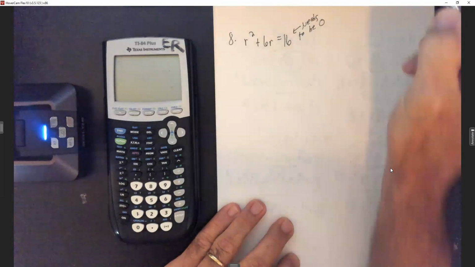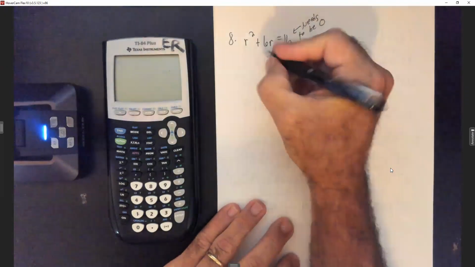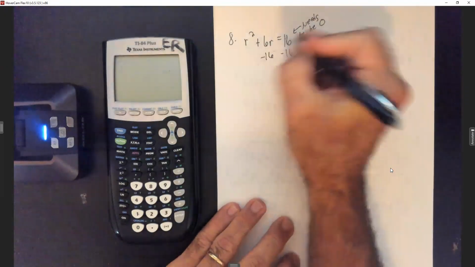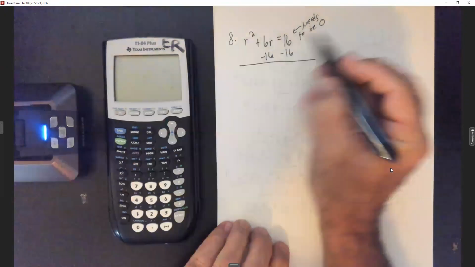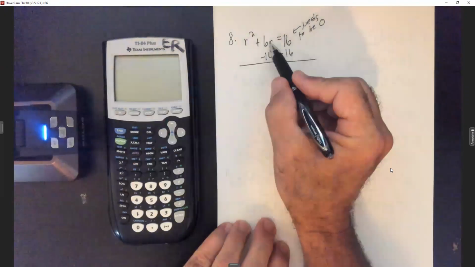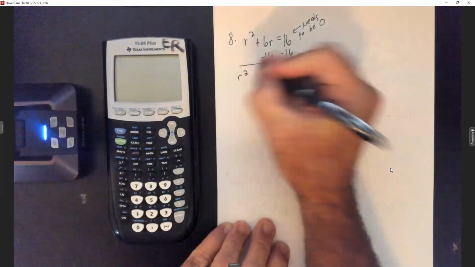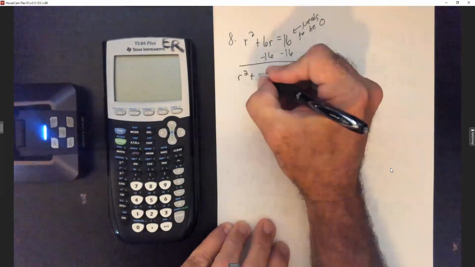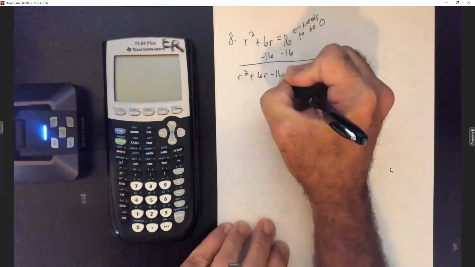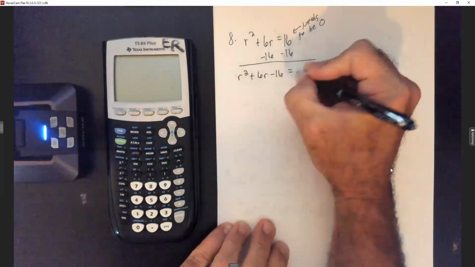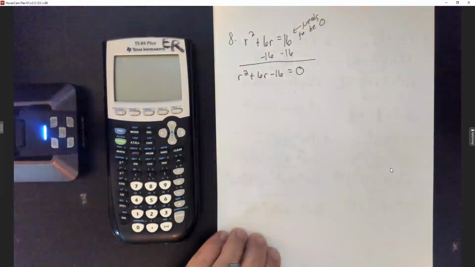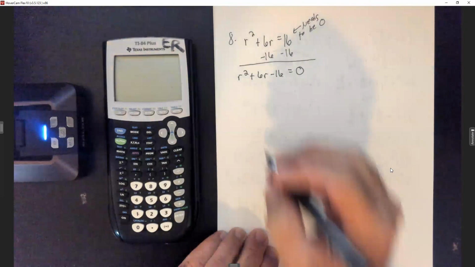Well, to make that a 0, you would subtract 16 from both sides of the equals. Now notice, none of these are like terms, so I'm just going to put them in order. R squared plus 6r minus the 16 equals 0. Now to solve that, I would factor it.